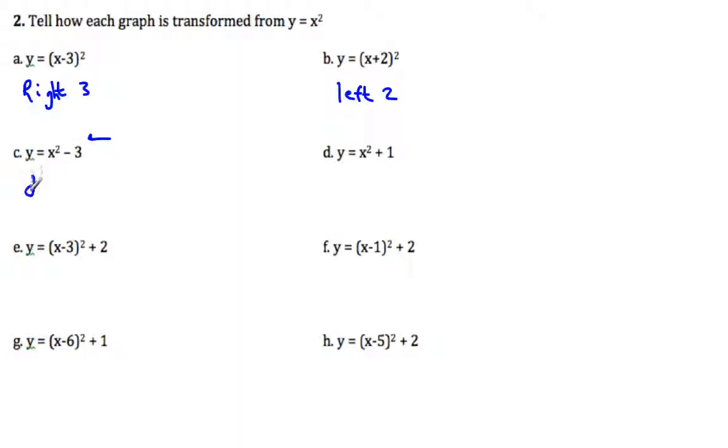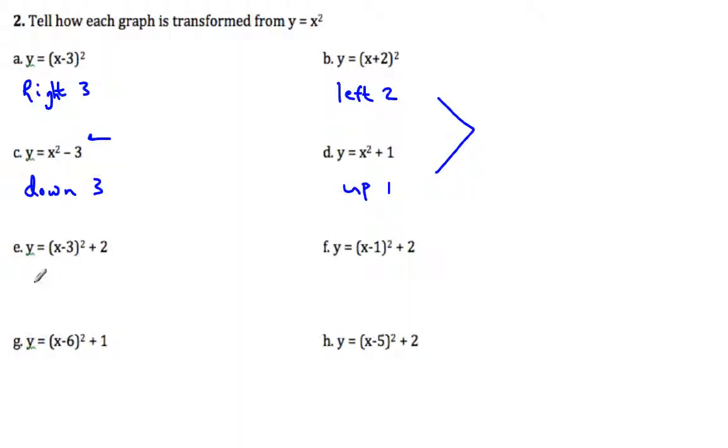So this has been moved down 3, and this moved up 1. These are kind of opposites. This is not what you would expect, and this makes a little more sense, at least intuitively.